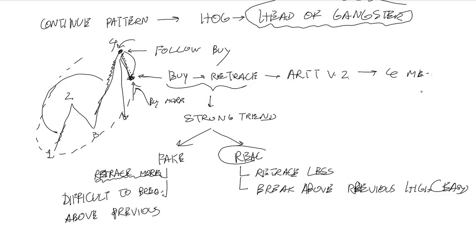And when you want to buy, because you think this is a strong trend, but you don't know if it's real or fake, if you plan to buy at this point, sometimes after you bought, you think the market should run away up, break above previous high, but actually it's a fake strong trend.